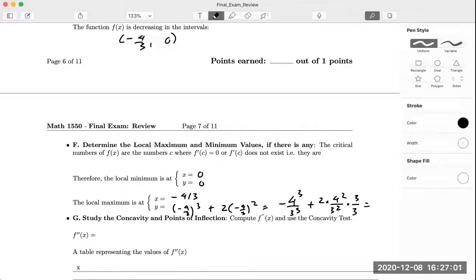So it becomes 2 times 16 times 3 minus 4 cubed, which is 32, and 32 divided by 27. Is it clear?